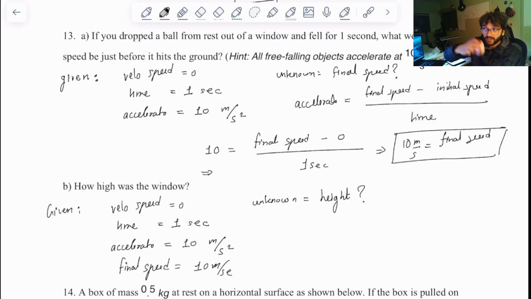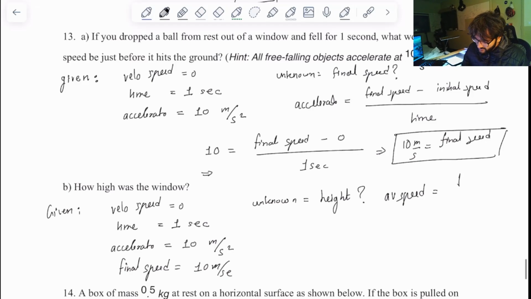When it fell for 1 second, the acceleration was of course 10, and the final speed was 10 meters per second. Okay, so what we can do is, if you knew average speed, you would say average speed is equal to distance over time, right?